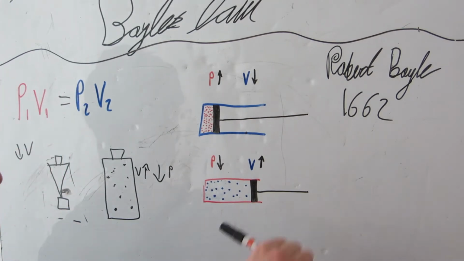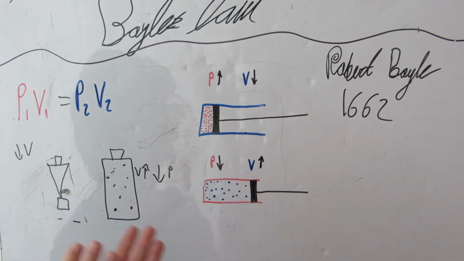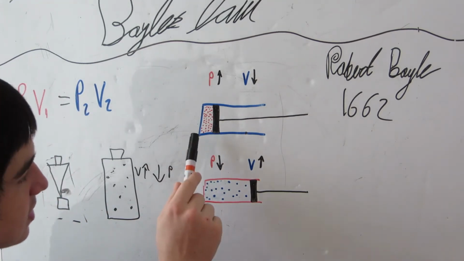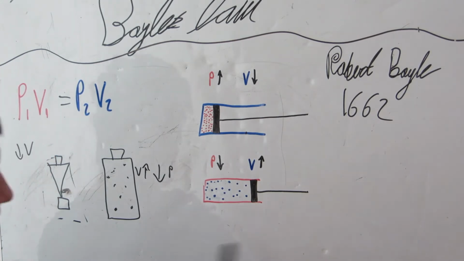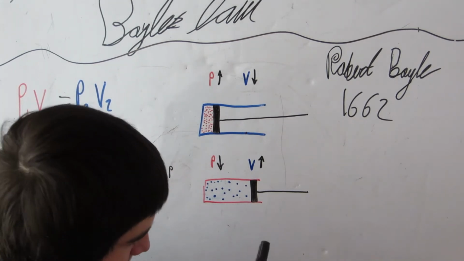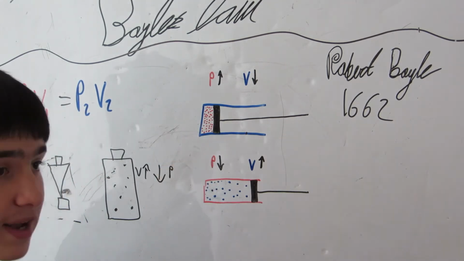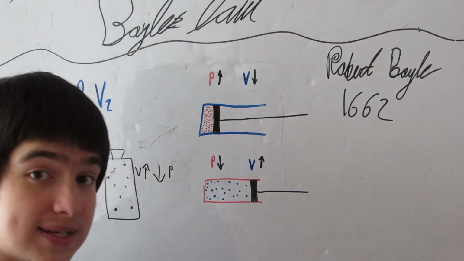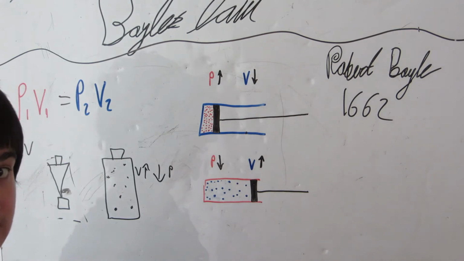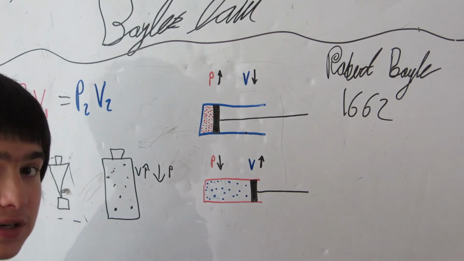But as soon as you push the piston in, you're tightening up the atoms and molecules of air and there's little volume. When you have little volume, the atoms are moving so fast and there's little distance and they're hitting the container walls so fast that there's pressure that it can pop. So pressure increases as volume decreases and pressure decreases as volume increases. That's an inverse relationship.